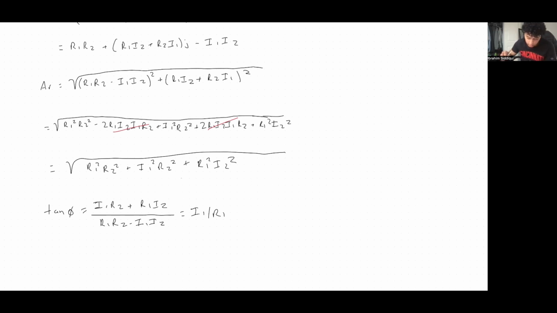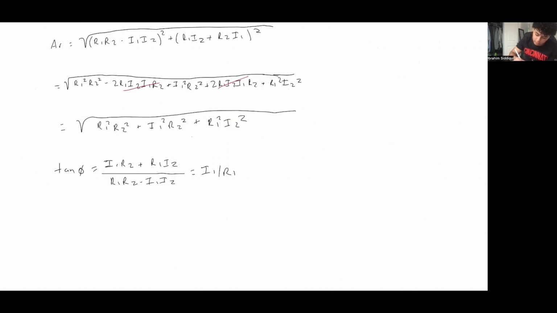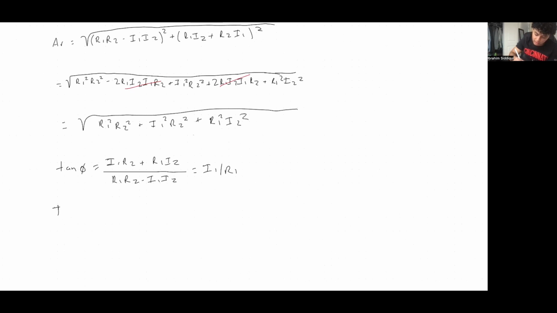Now we can look at the phases of the transfer functions separately. If we look at tangent phi 1, it would be I1 over R1, and for tangent phi 2, it would be I2 over R2.